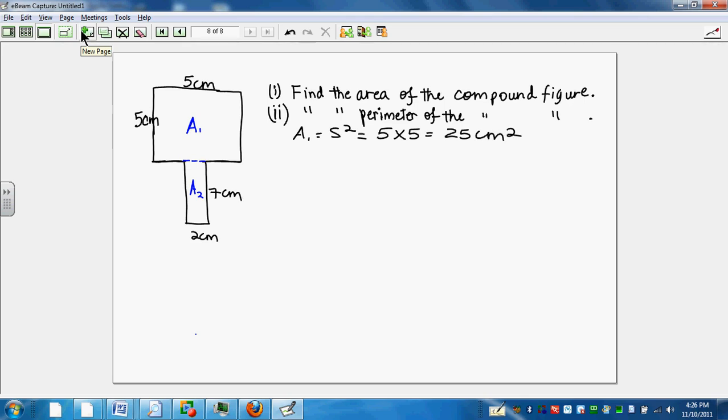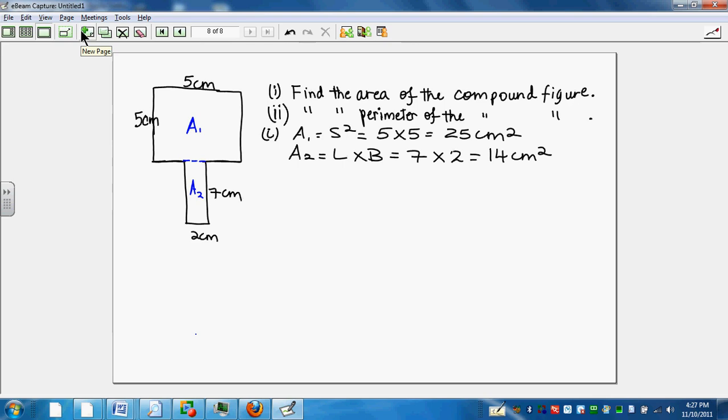Make sure you have your unit correct. So the area of the first part, the top part, is 25 cm squared. The area of the bottom shape, which is a rectangle, is A2, and that will be length multiplied by breadth, or length multiplied by width, which in this case is 7 centimeters by 2 centimeters, which works out to be 14 centimeters squared.